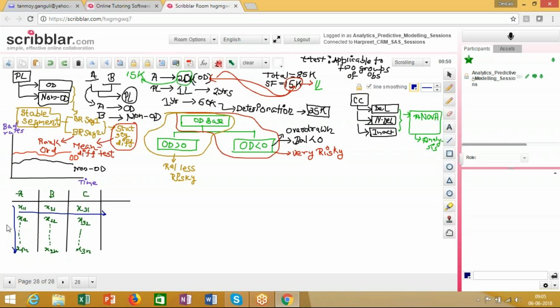So one way to identify the mean is that there would be a significant variation across the group, and very little or insignificant variation within the group.